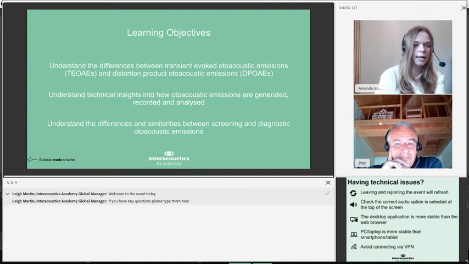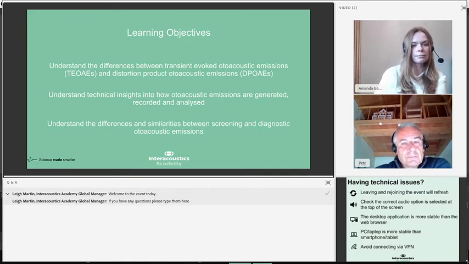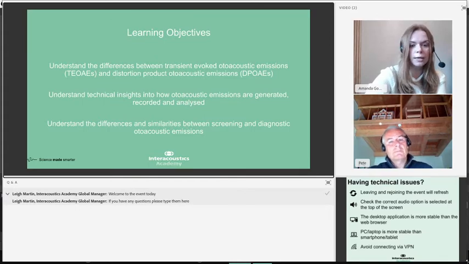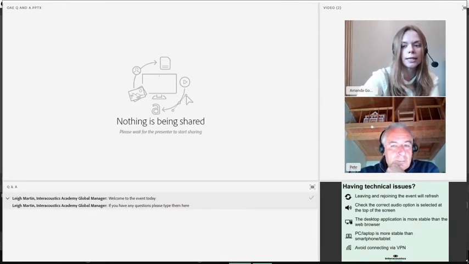We also want to explore some of the differences and similarities between screening and diagnostic OAEs. So hopefully there's a little something for everybody, depending on what type of role you have and what type of OAEs you use or are interested in using.